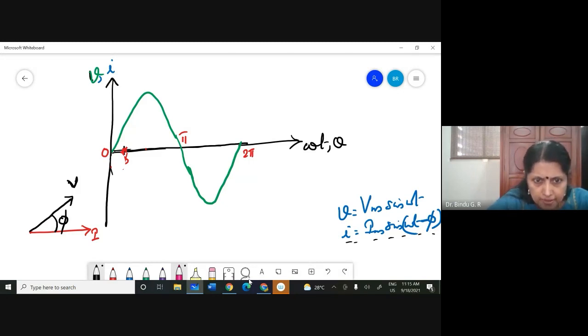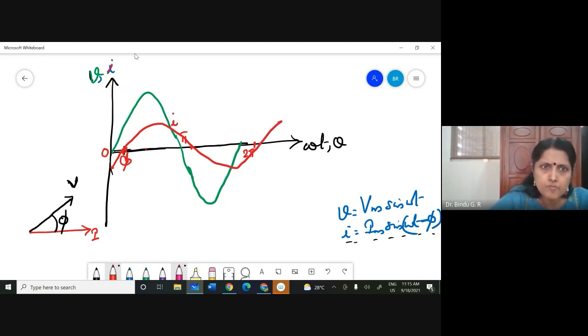This is phi. This point, it should then cross this point somewhere here. So I should draw the current waveform like this. This is my current. This is my voltage.